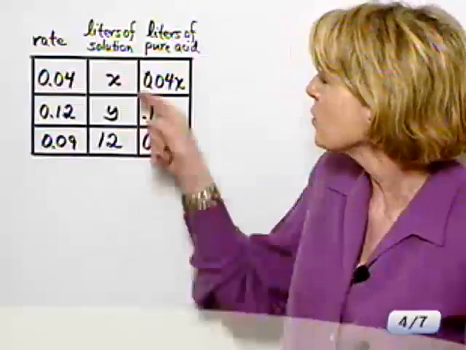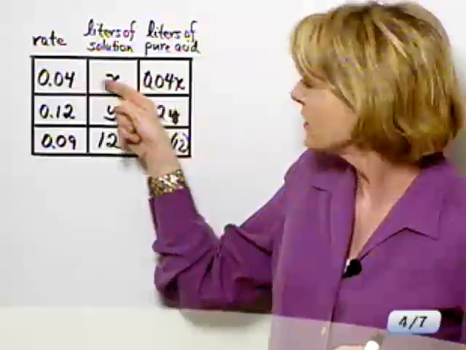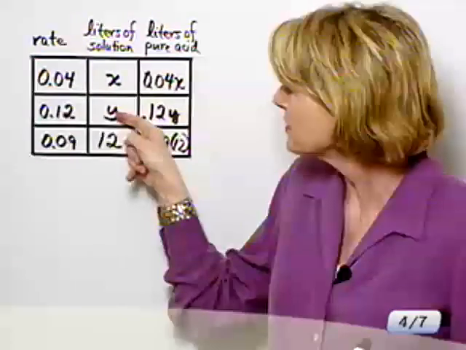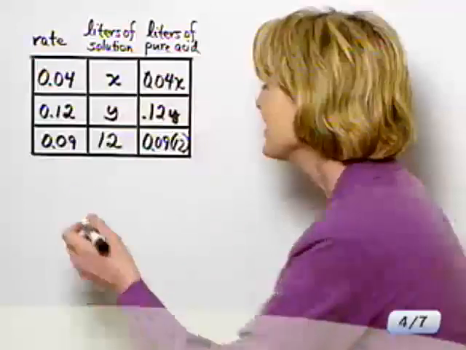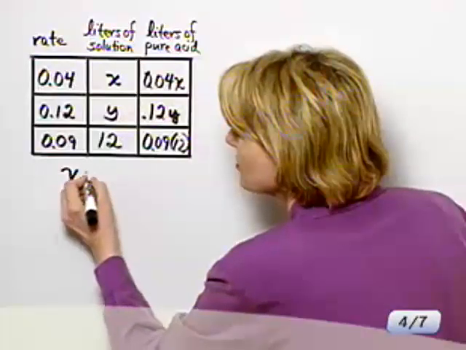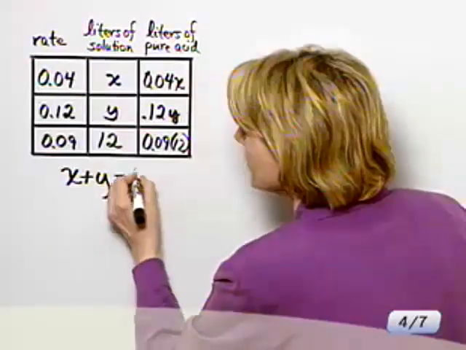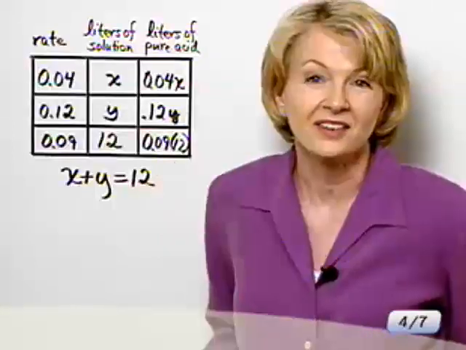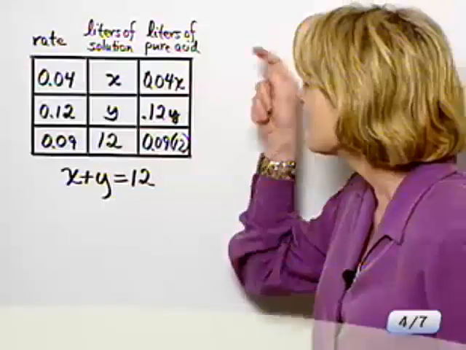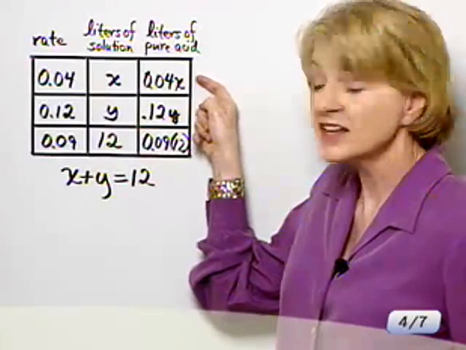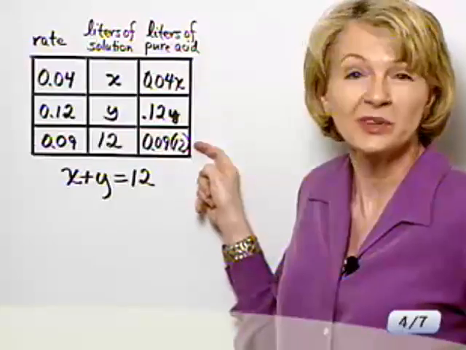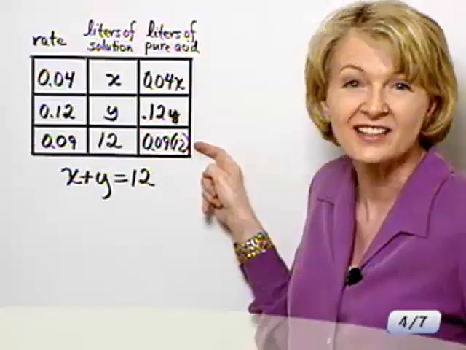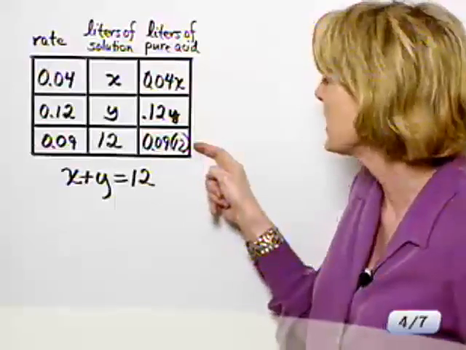We do know that the liters of this solution plus the liters of this solution should equal 12. We want 12 liters. So it is true that x plus y equals 12. And then also the liters of pure acid here plus the liters of pure acid here must equal the liters of pure acid in the solution we want to obtain.